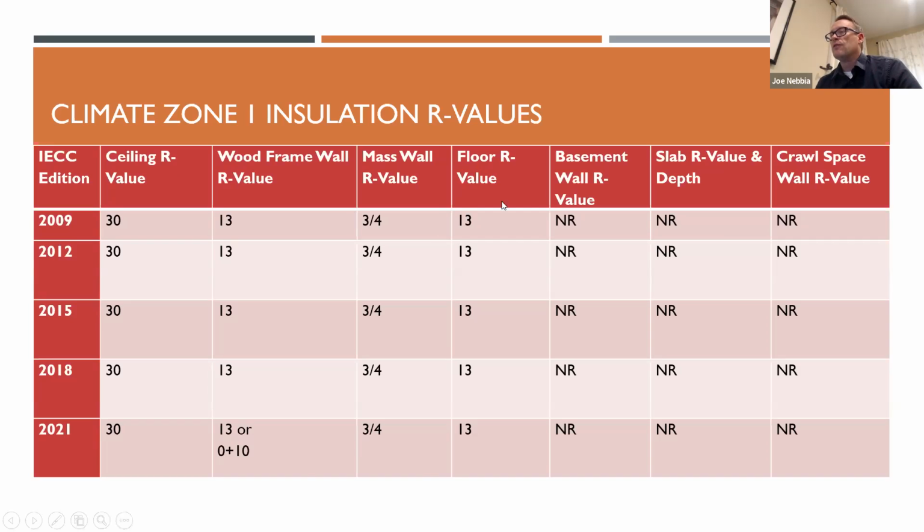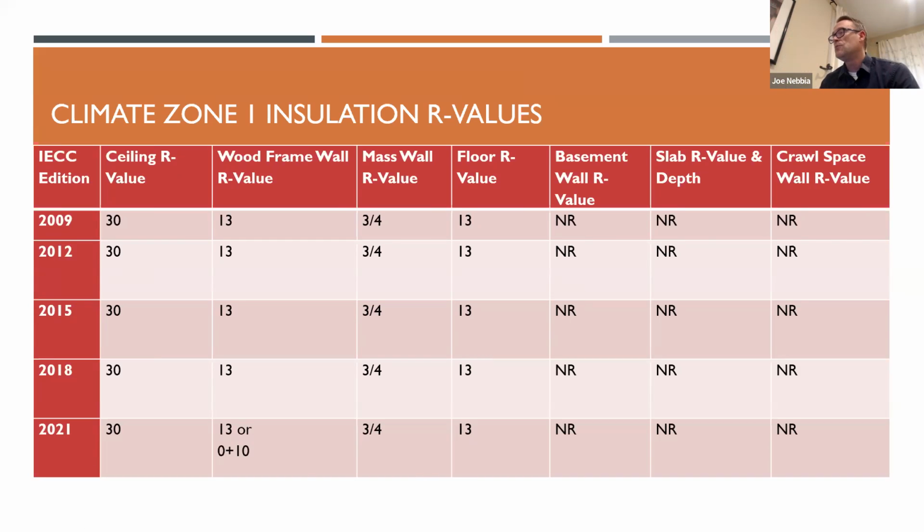R value for floors is an R13. That's only floors over unconditioned space. So if I have a garage with a bonus room or something like that above the garage, that floor over unconditioned space would have to be insulated to R13.